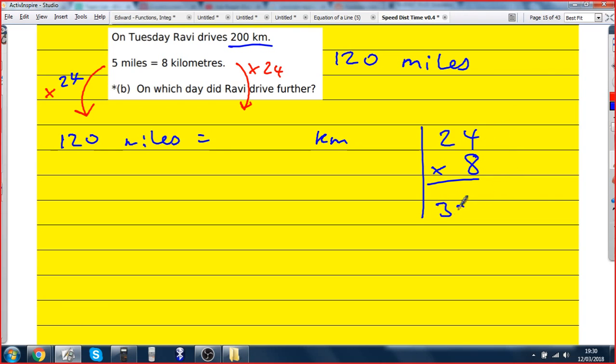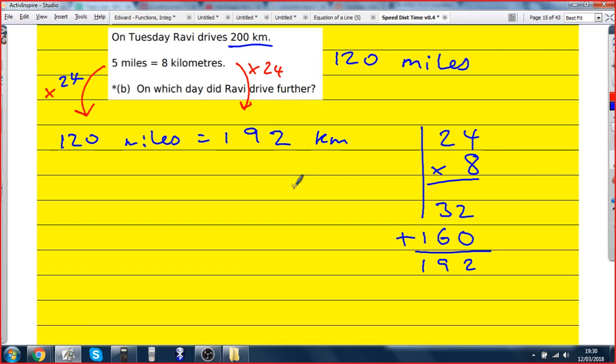So that's 32. 8 times 20. 160. And then you do 32 plus 160. So 2, 9, and 1. So 192.